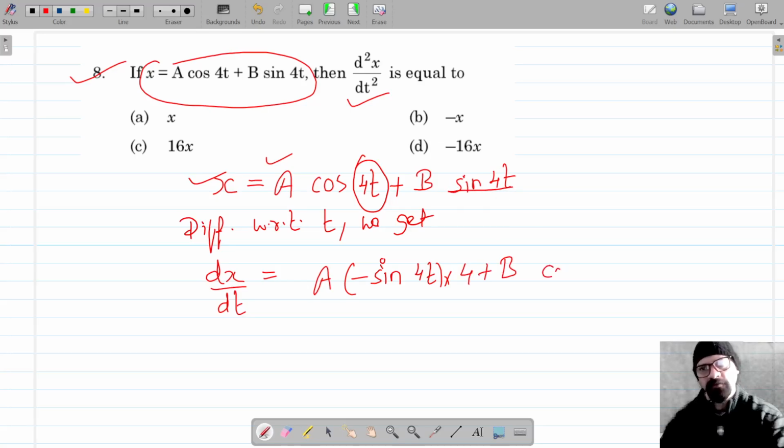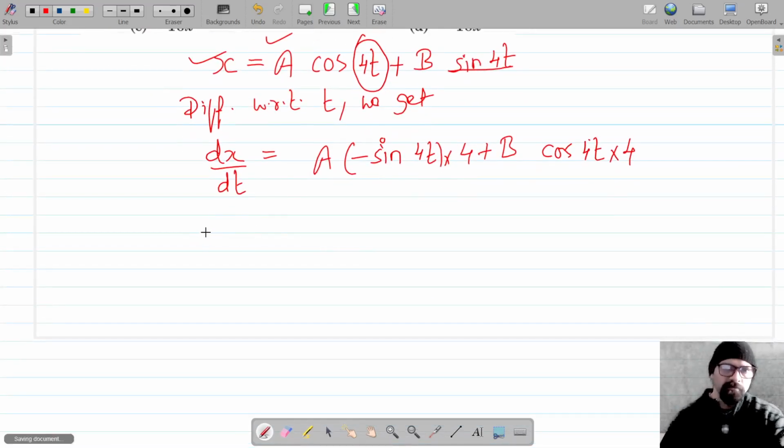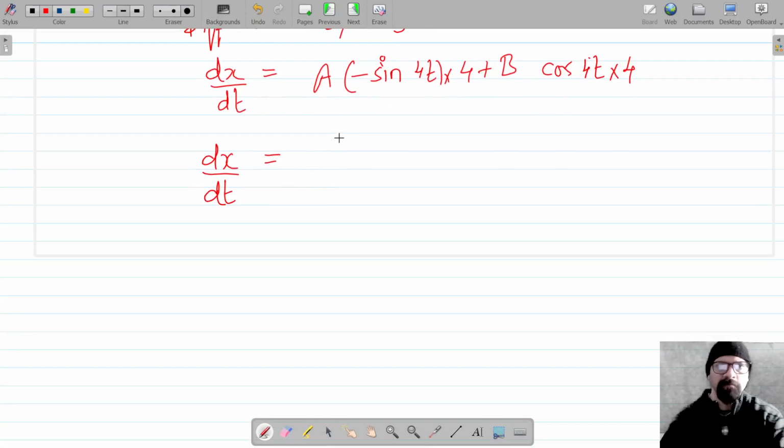Differentiation of sine is cos of 4t, and differentiation of 4t is 4. Let me arrange this and then differentiate it once again, because we have to find the second order differentiation of x with respect to t. So this is negative 4a into sine of 4t plus 4b into cos of 4t.